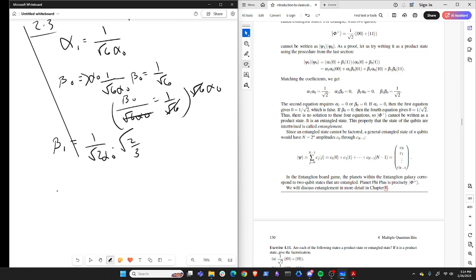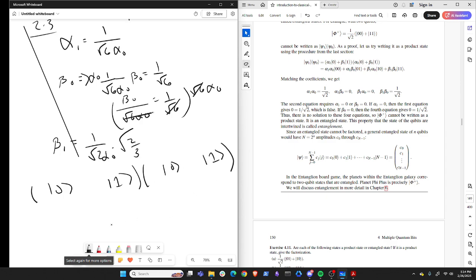So we've got, just going to leave a little bit more room here for the amplitudes. We have our two states here. We know that alpha 1 is equal to 1 over square root of 6 alpha sub 0.